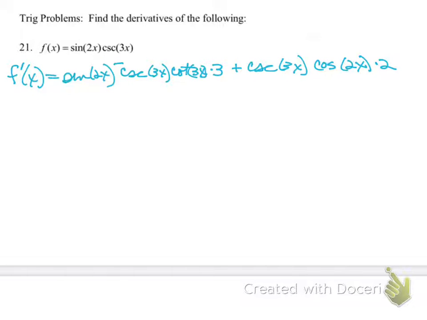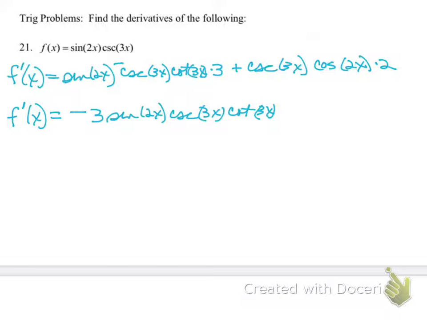Okay, so now let's see if we can clean things up a little bit. You want to be really careful with that negative sign because you're going to pull it in front. So it's in front, that took care of the negative, bring the 3 in, and then you have sine 2x cosecant 3x cotan 3x. Plus, bring the 2 in front, cosecant 3x cosine 2x.